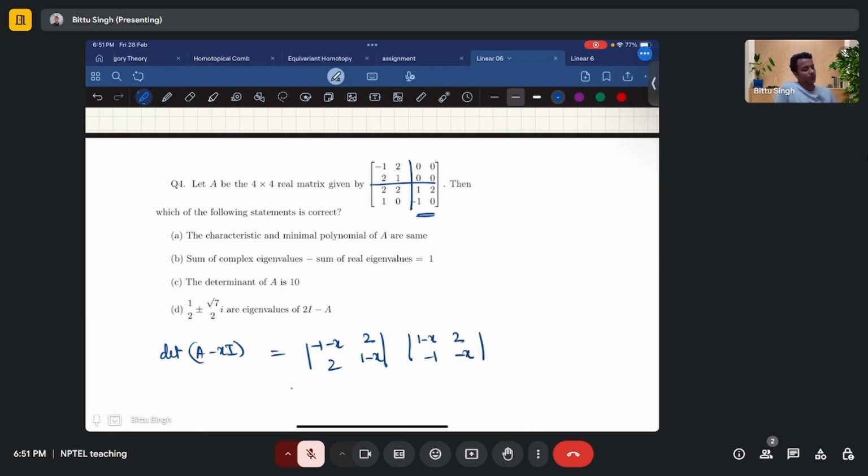So now this is the same as x minus 1 times x plus 1, which is x square minus 1, and minus 4, that is x square minus 5, right?